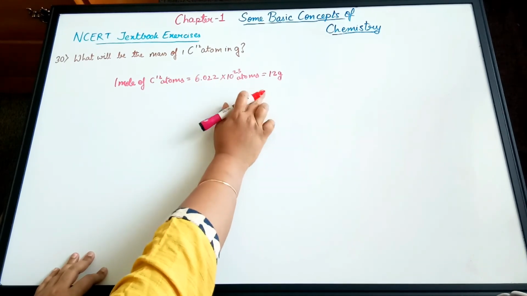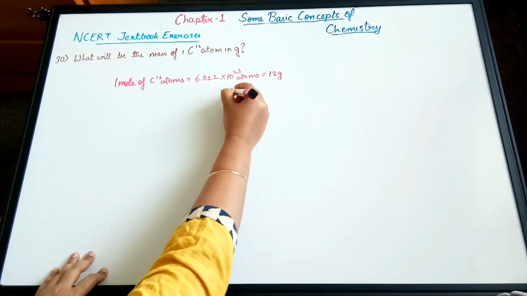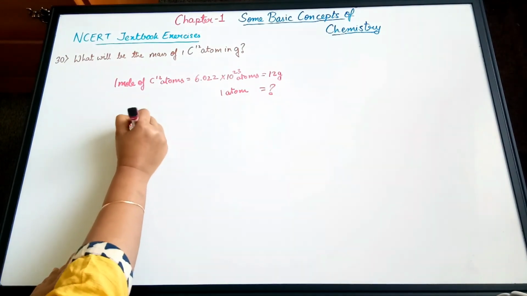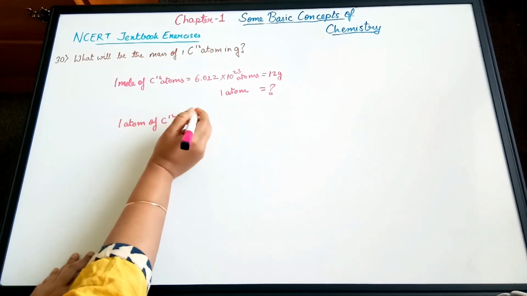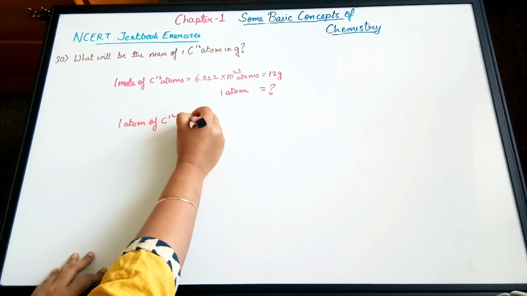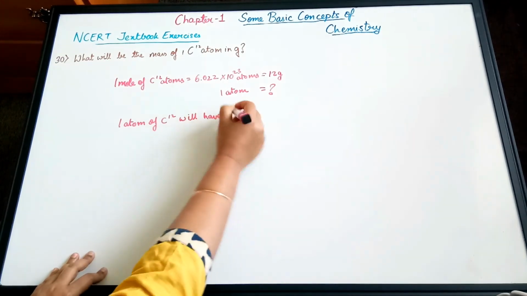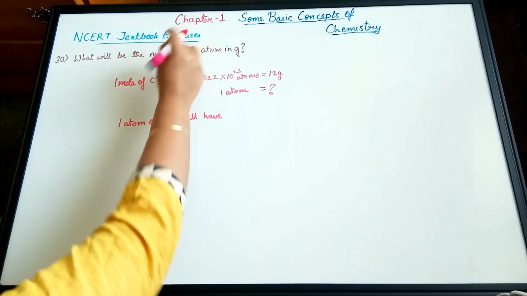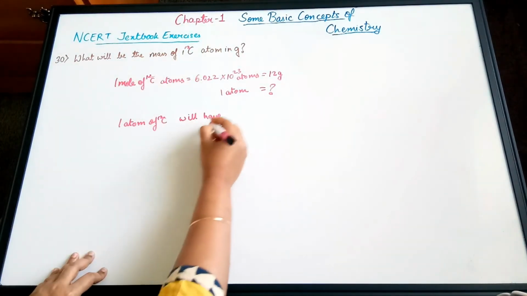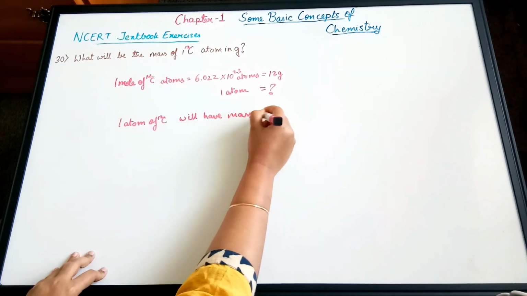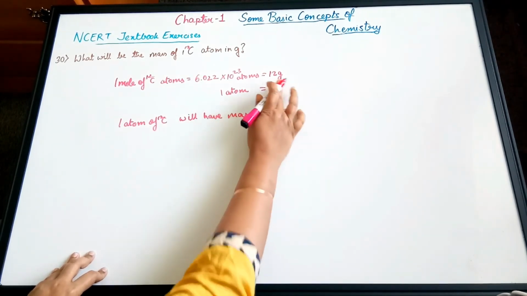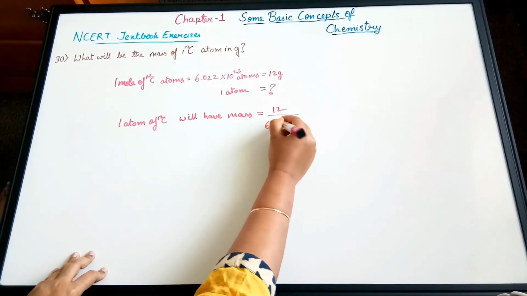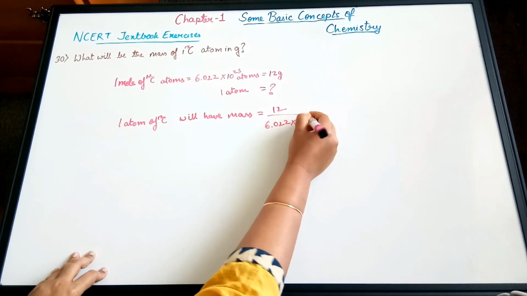Then how much will one atom have? One atom of C12 will have mass equal to 12 divided by 6.022 into 10 to the power 23 grams, by cross multiplication.